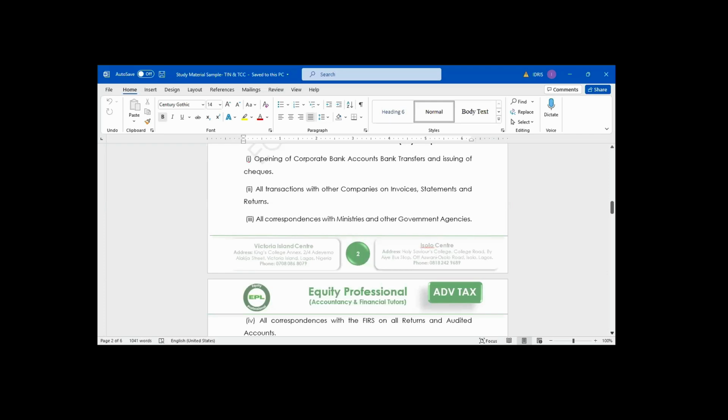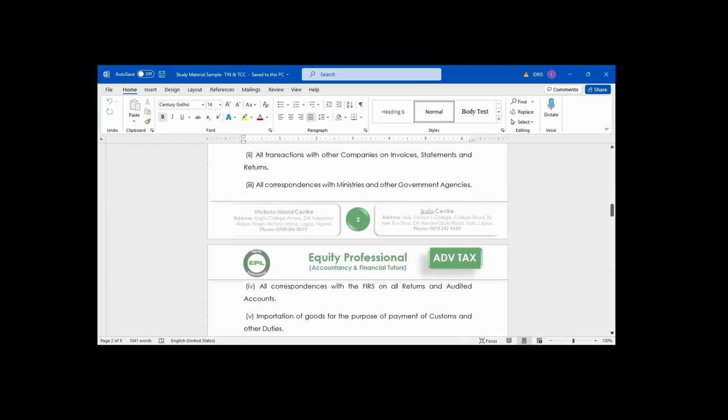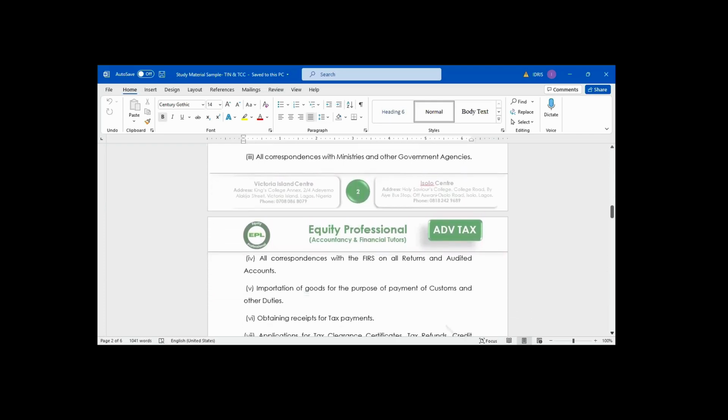Another one, all correspondence with FRS on all returns and audited accounts. They will ask for your tax identification number. Importation of goods: when you import goods and you want to pay custom duties, they will ask for your tax identification number.